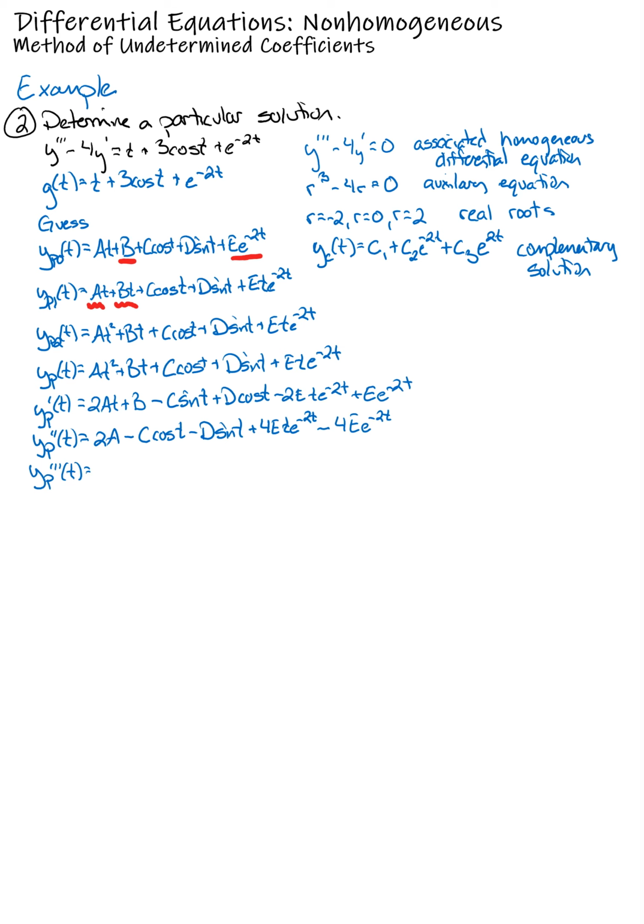So we get, let's see, that's going to be a positive c sine t minus d cosine t.